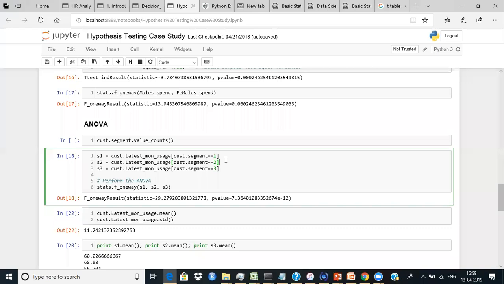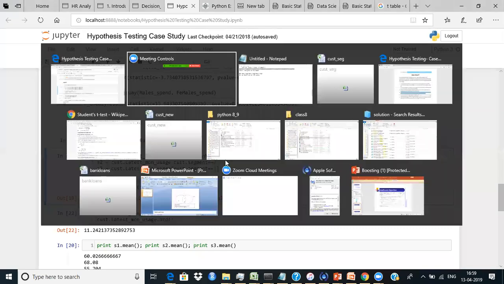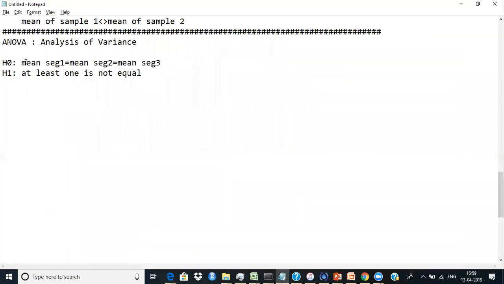Let's assume 1 stands for gold, 2 stands for platinum, 3 stands for silver. ANOVA is used if you have a scenario like this, where you have more than 2 samples which you want to compare their means for. Then you use ANOVA.